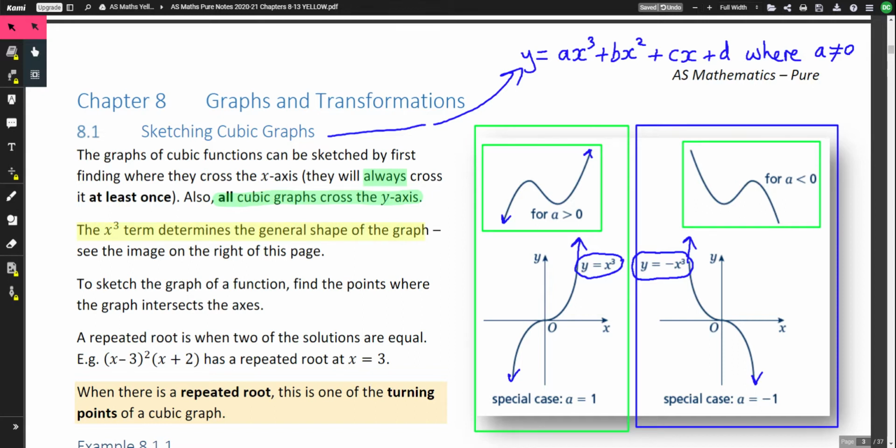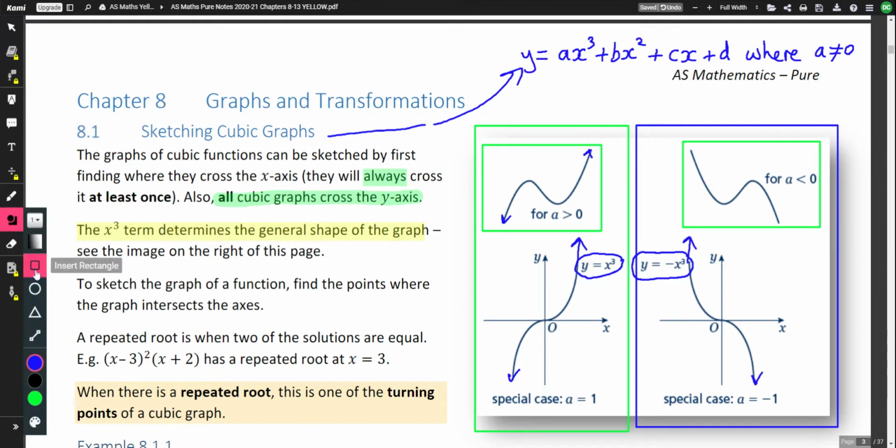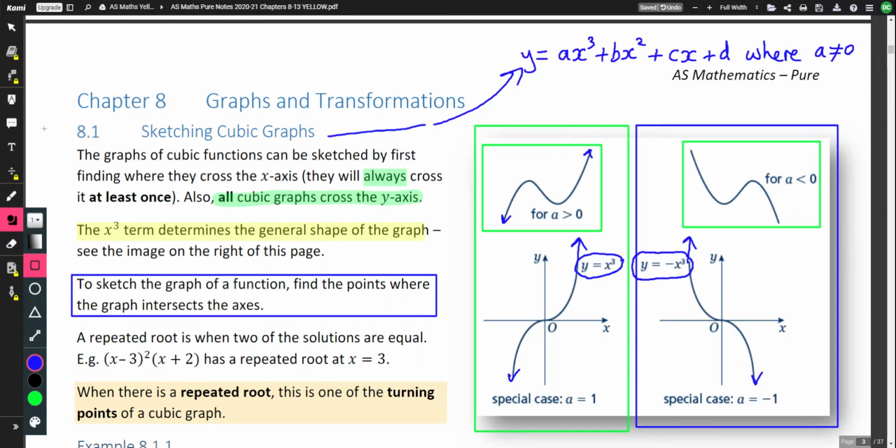To sketch the graph of a function, find the points where the graph intersects the axes. That's the same process whether you're drawing a cubic graph or a quadratic graph or any type of graph.